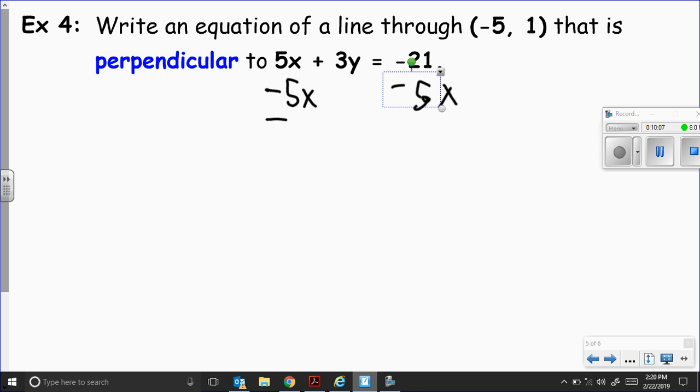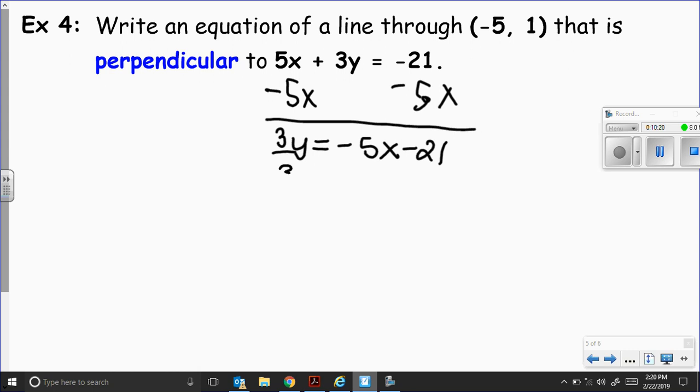Subtract 5x from both sides. We have 3y equals negative 5x minus 21. And then we're going to divide by 3. And y is equal to negative 5/3 x minus 7.